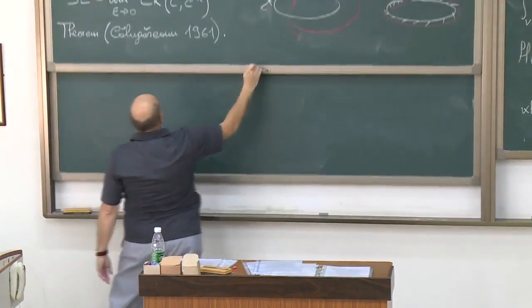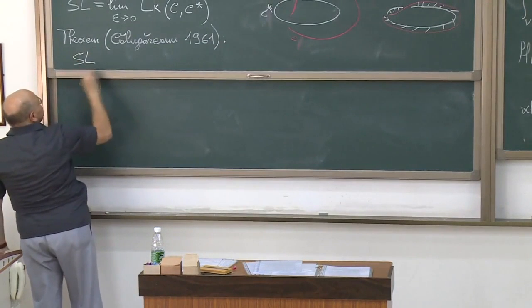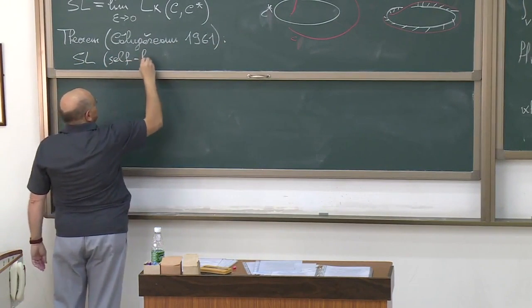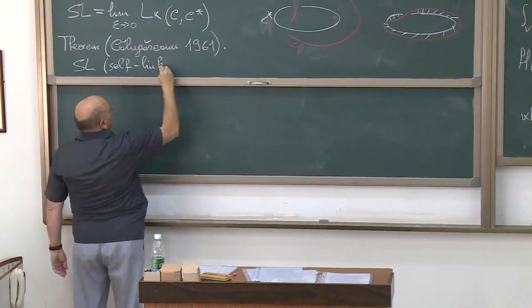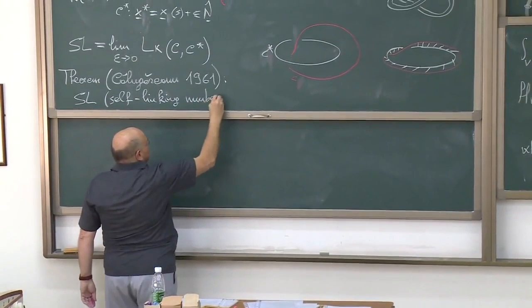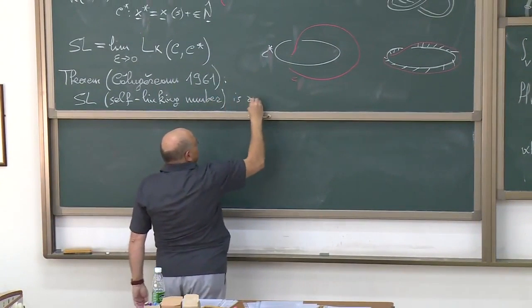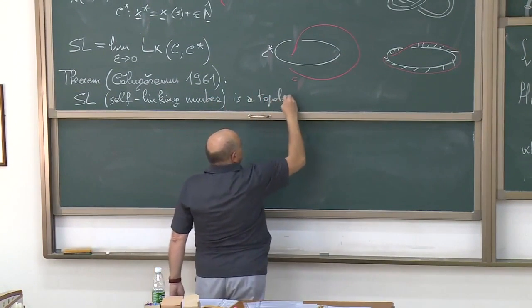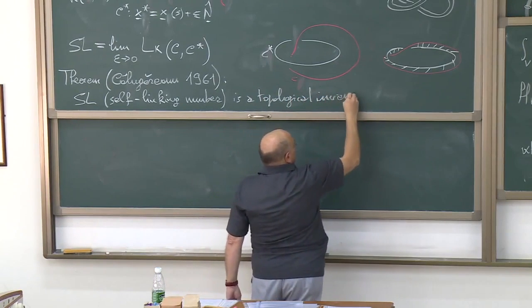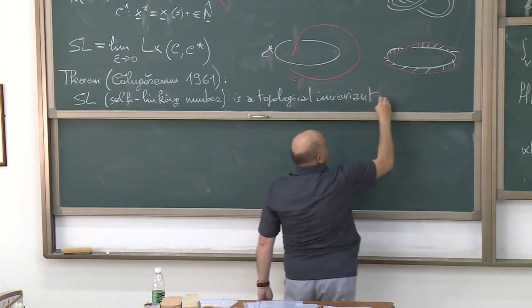First of all, SL, self-linking number, is a topological invariant of the ribbon.